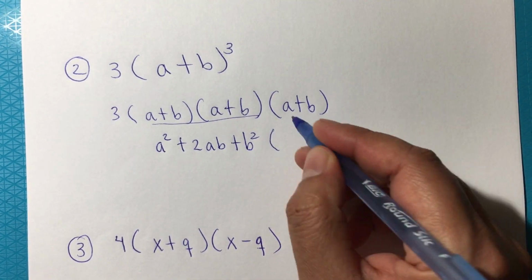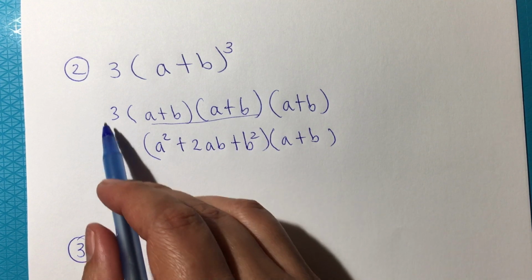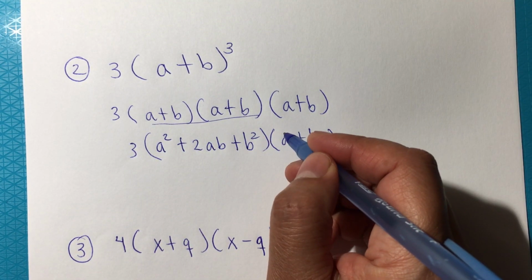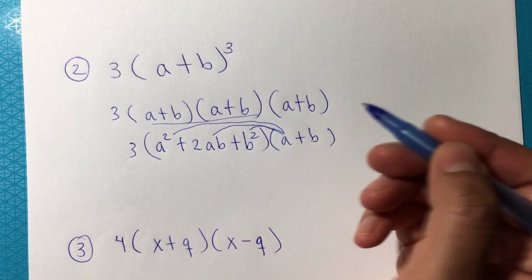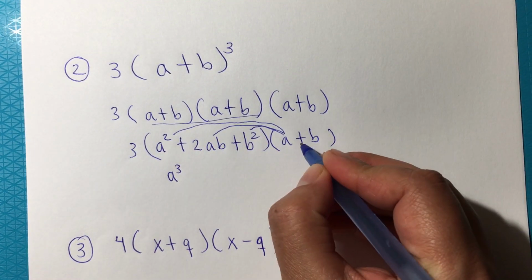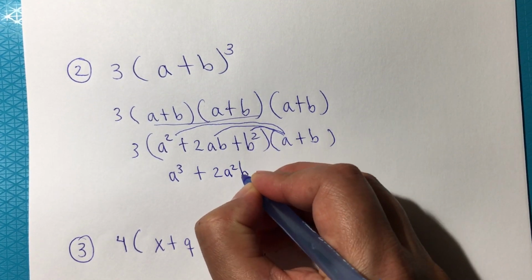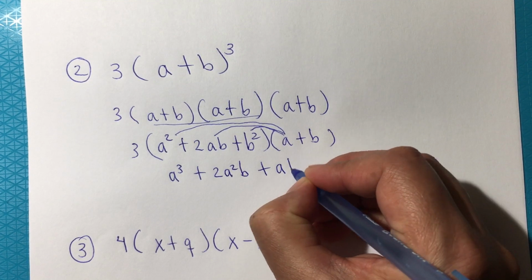I multiply by this one. And you can just do it in any order. You can do the multiplication of 3 first or this first. And I think I'll just do it this way, the double distributive property, to make our lives easier. So a times a squared is a cubed. A times 2ab is 2a squared b, and a times b squared is ab squared.